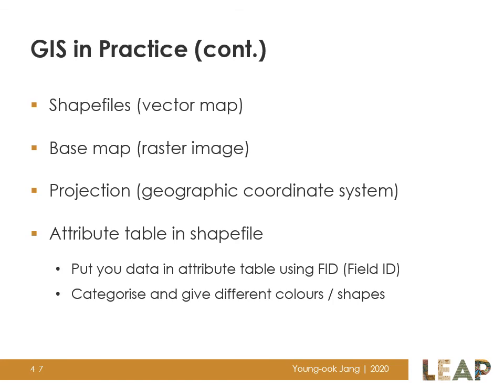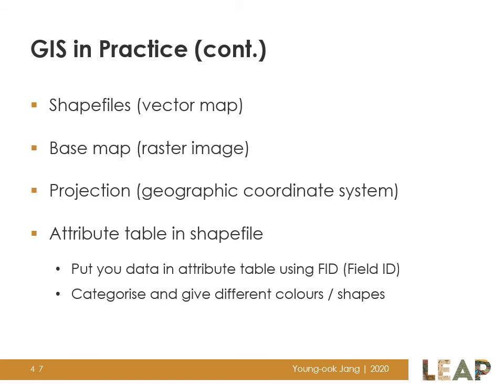The shapefiles usually have an attribute table, and it has the FID, field ID, for different polygons or different lines or different points, and you can match the data you have with the geographic information in the shapefiles using FID, and you can express your data using different categorization and different colors or shapes or something like that.